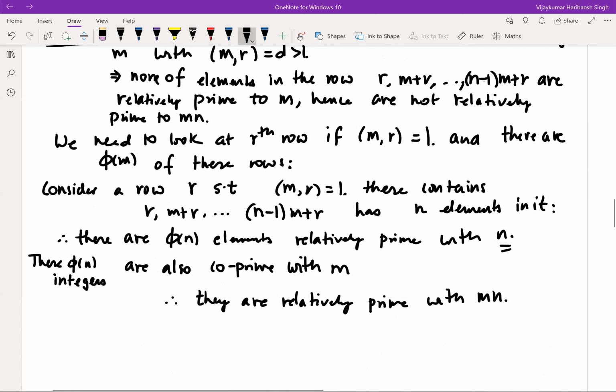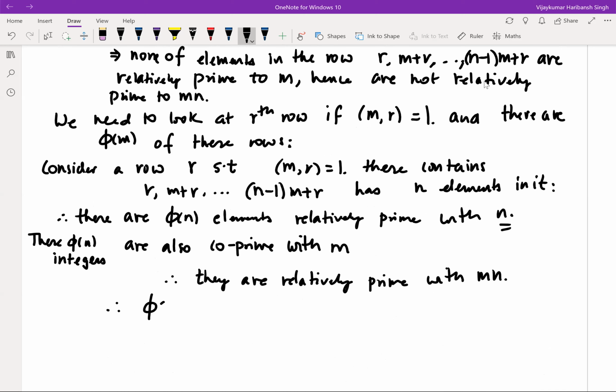So the total number is therefore phi of mn. This was our original thing to count. Together they are relatively coprime with mn. So now we have basically shown that phi is a multiplicative function.